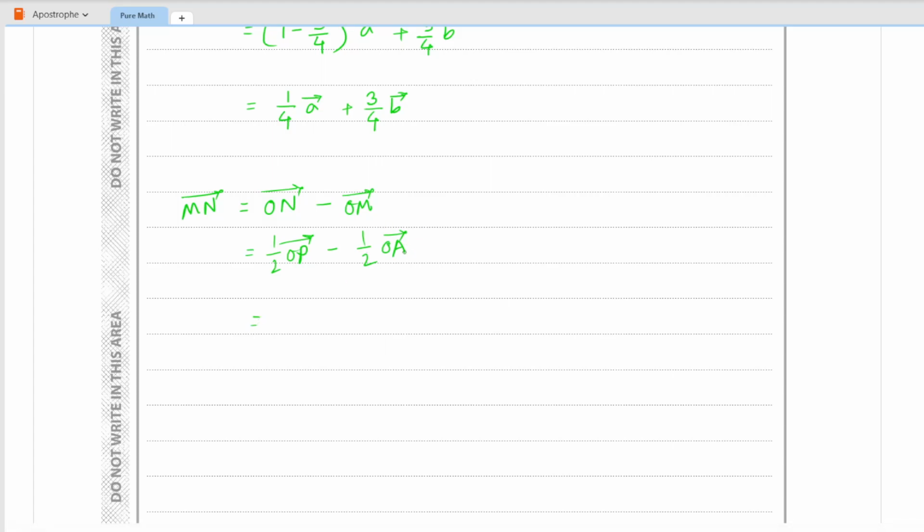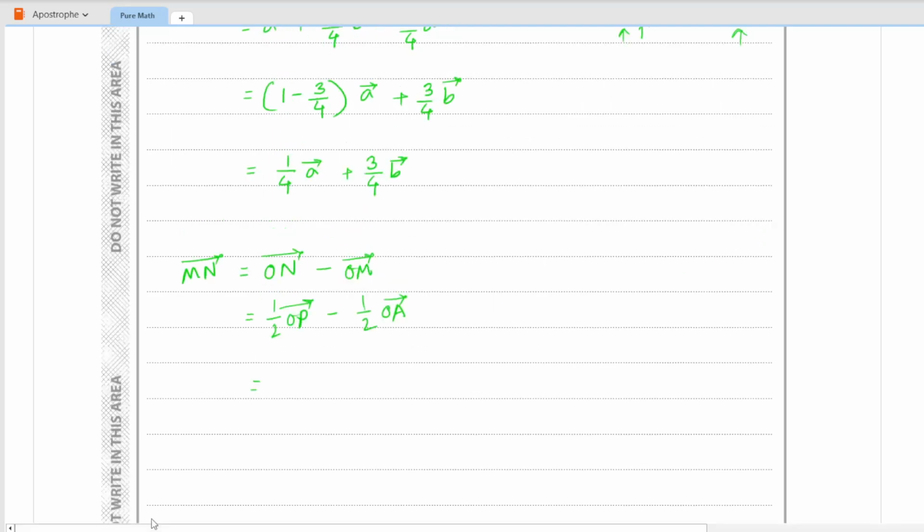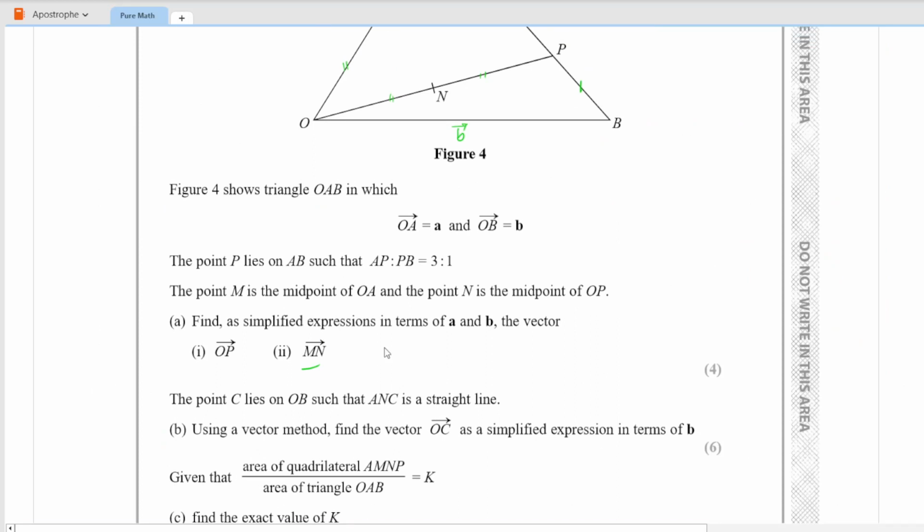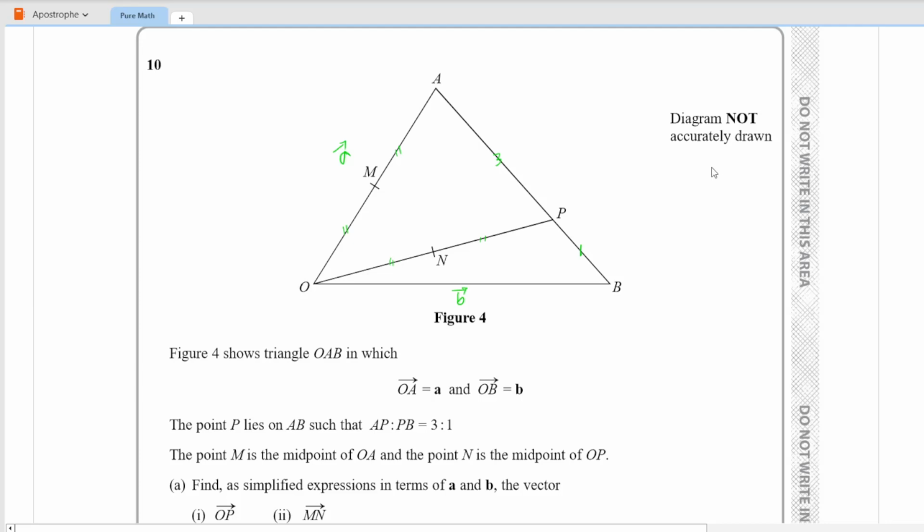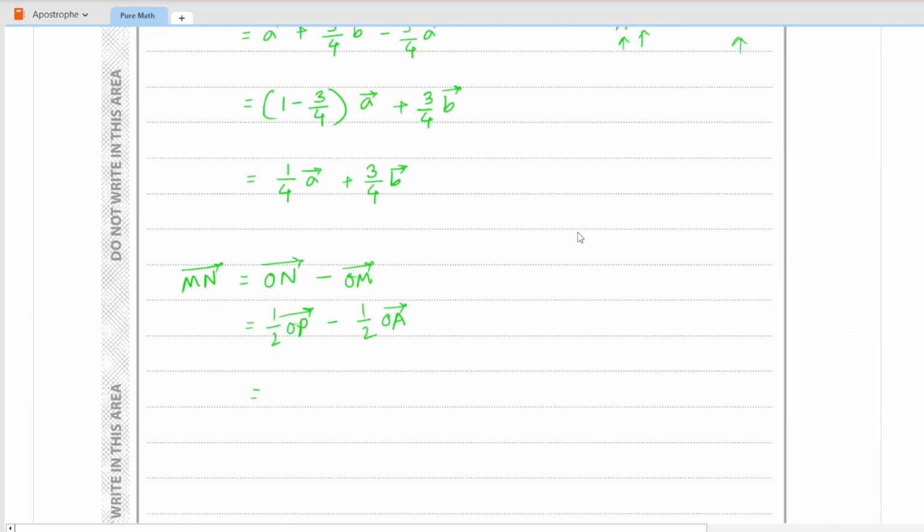So now half of OA, we don't have any issues. Now the question is, what is half of OP? So we don't know OP. We have to find OP. OP is equals to OA plus AP, minus half OA.